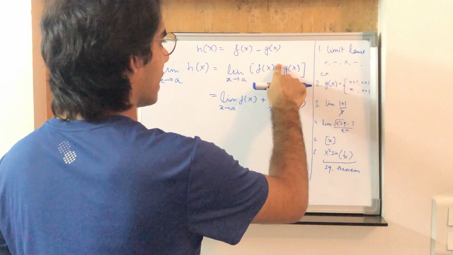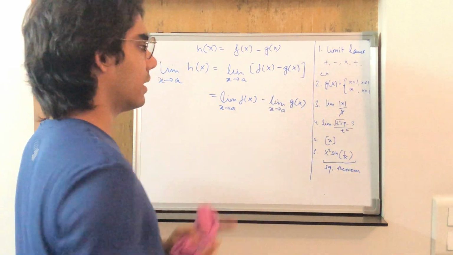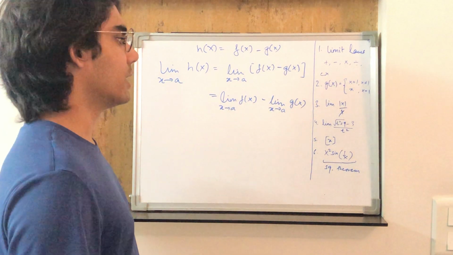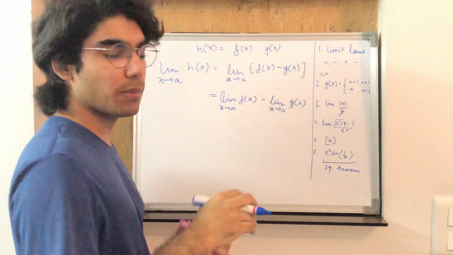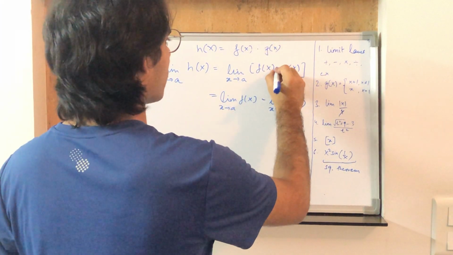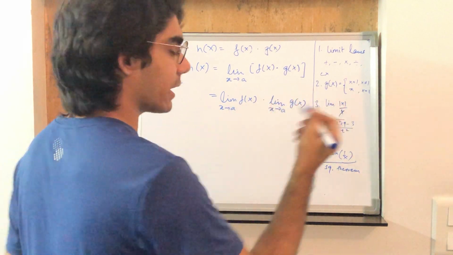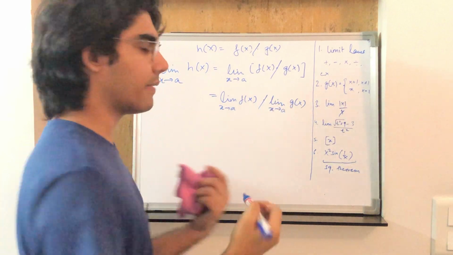Then this would be f of x minus g of x, and this would switch to limit f of x minus limit g of x. Again, if h of x is a multiplication of two different functions, f of x and g of x, then again I can just use the multiplication symbol. If they're a division, then I can simply divide them.